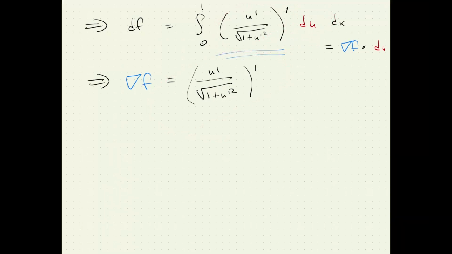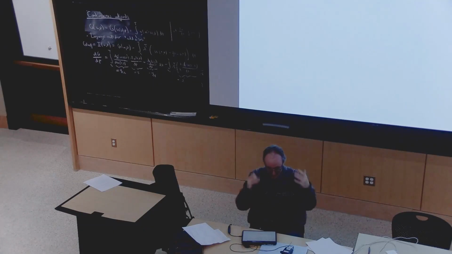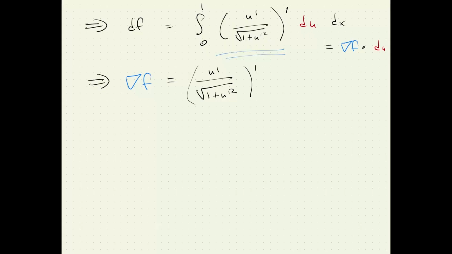And for the same reason as in 18.01 and 18.02 and so forth, at a minimum the gradient has to be 0. Because if it's not 0, you could move in that direction and make it bigger, or move in the opposite direction and make it smaller. So this has to equal 0 at a minimum.